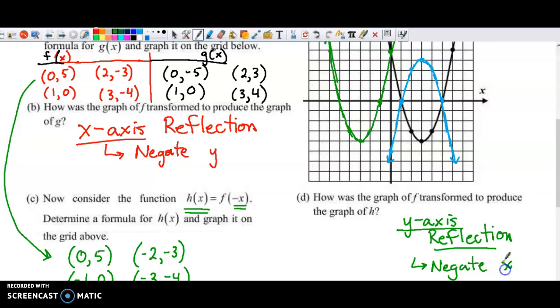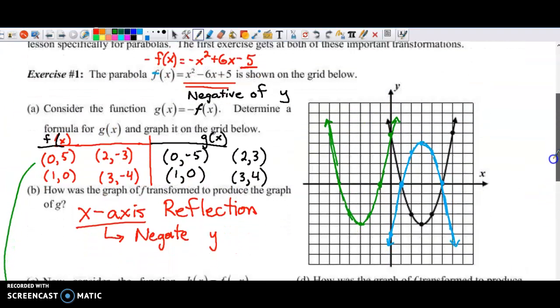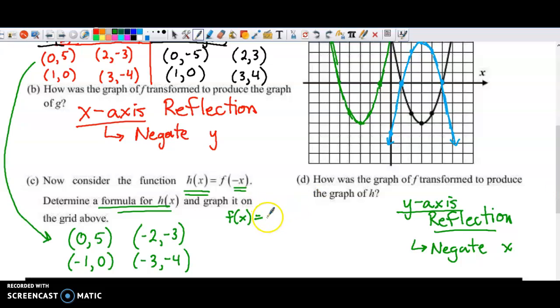Now I'm still not quite done with this because I want to talk about how to come up with the formula. So what I would do is take the f of x formula. Remember, f of x was equal to x squared minus 6x plus 5. And if all I'm doing is negating the x's, think about how you're substituting negative x in for the x's. Well, when you square a negative number, you get back to the positive.